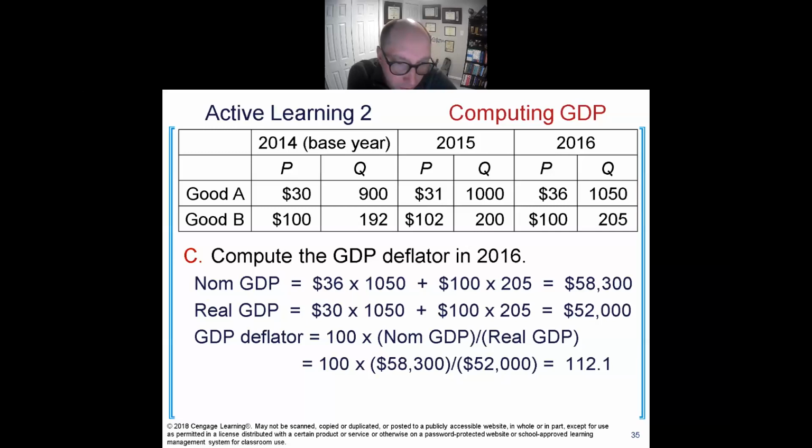To get the real rate, we take the base year times the quantity plus the base year times the quantity. Then we take the nominal GDP divided by the real GDP times 100 to get the GDP inflation rate, deflator rate. Sorry.